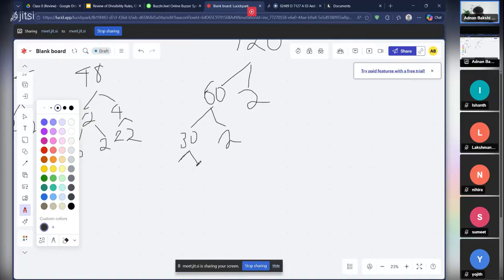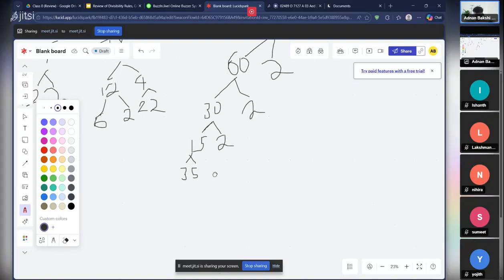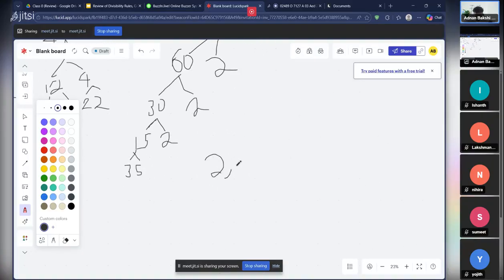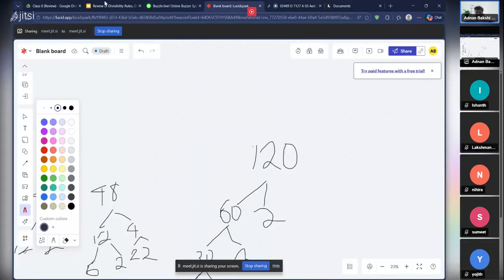Then you have 2 and 15. Then you have 5 and 3. So the prime factors would be 2, 3, and 5. Good job. You got it right, basically.